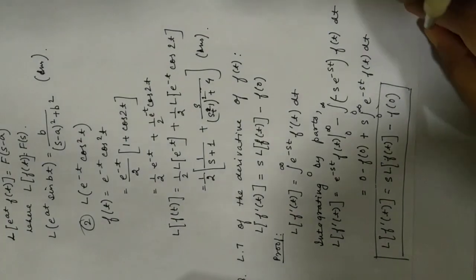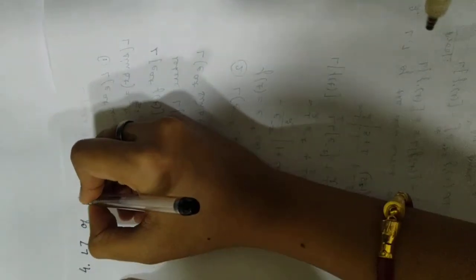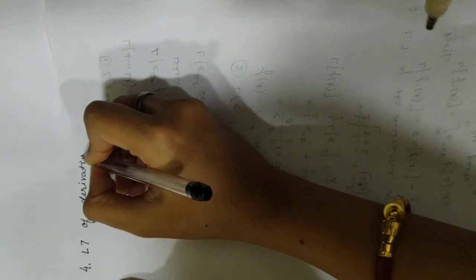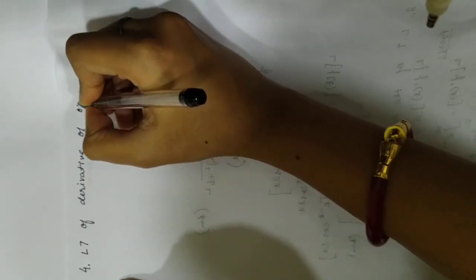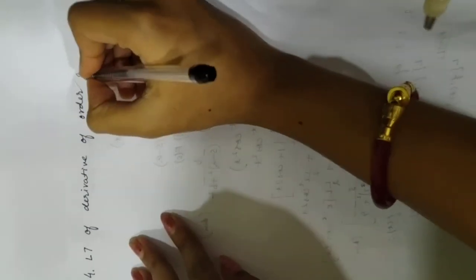Okay. So now I move on to the fourth property of Laplace transform. Laplace transform of derivative of order n. That was Laplace transform of derivative of order 1, but now we will be doing it for Laplace transform of derivative of order n, right?